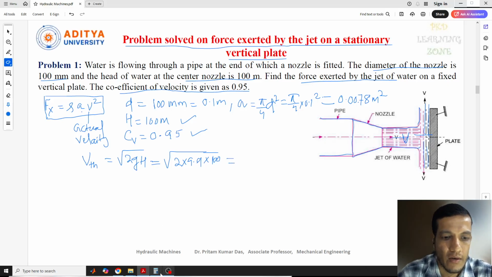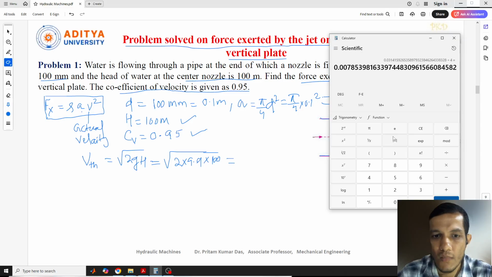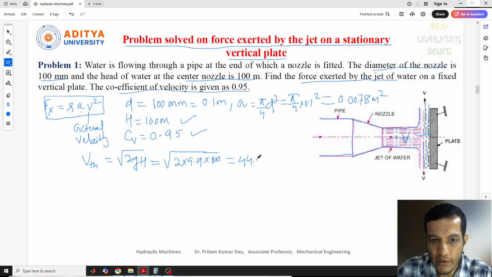It's very, very simple. So let's write root over of 2 into 9.81 into 100, which is 44.294 meter per second. So this is the theoretical velocity of the jet of water.